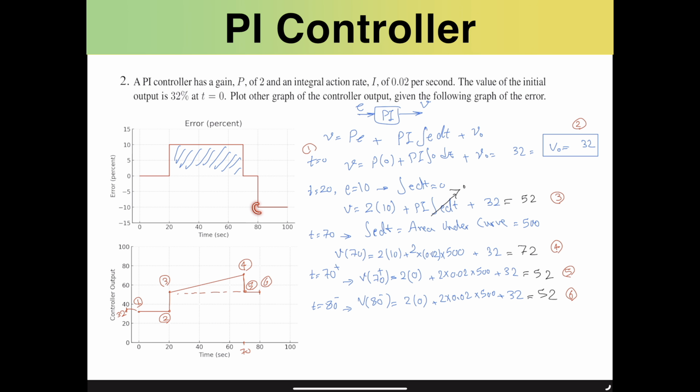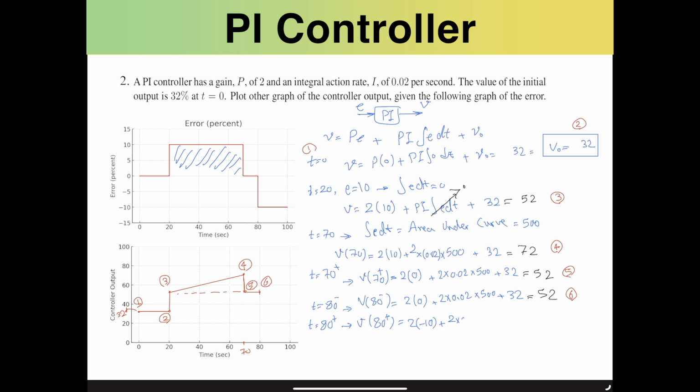Now, moving forward, right after 80, by the way, we're dealing with a different error value. So this error now is going to be minus 10 compared to 0, and we are going to have another jump in the output. So at t equals 80 plus, right after 80, we are dealing with a different error, which in this case is going to be minus 10, plus the area under the curve all the way so far is going to stay the same because we haven't had any other area other than this.